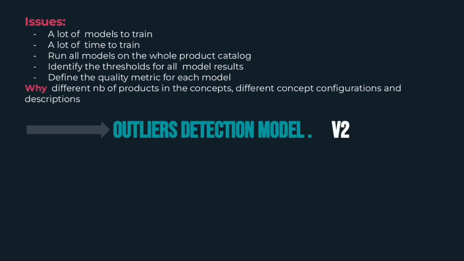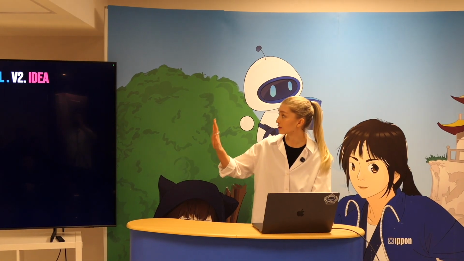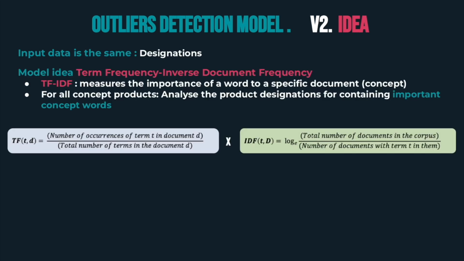So we have our second detection model version. It's simpler than the first one. It's better at obvious outliers. So we are doing a huge clean-up of obvious outliers in the knowledge graph, and it's faster. The idea is the same, and the model is term frequency inverse document frequency.